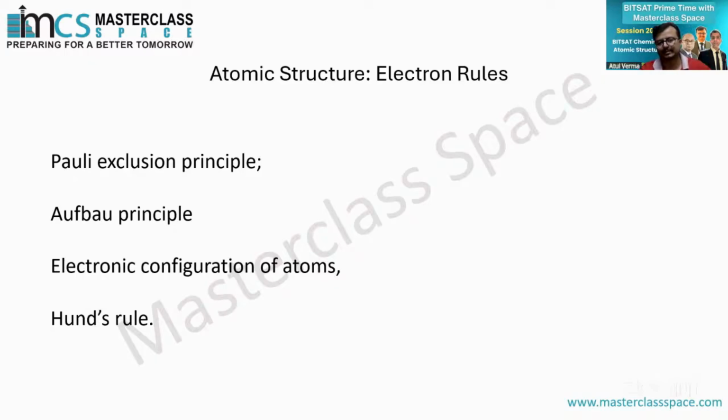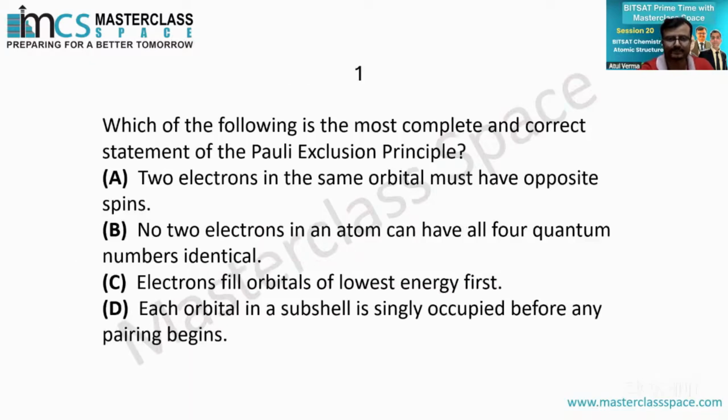Then how they determine electronic configuration of atoms and how Hund's rule plays its role. Okay. So the way we will do is not by theory, but by doing questions. To make it interesting, to make it live, we will do 6 questions and they will involve all these concepts. So without wasting any time, let's start with the first question.